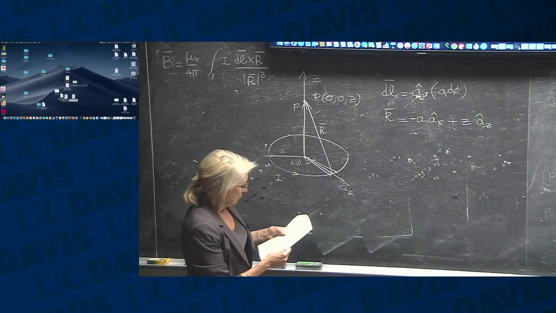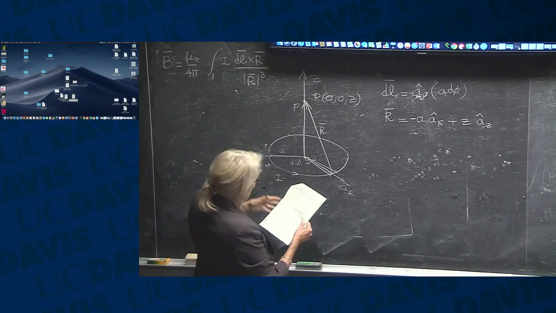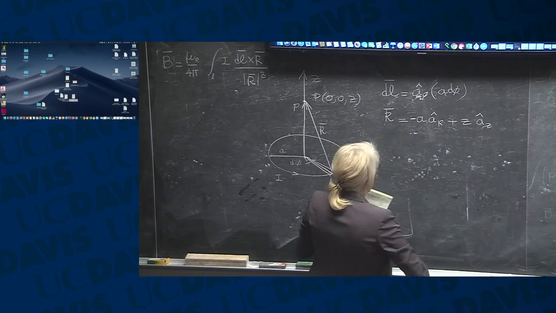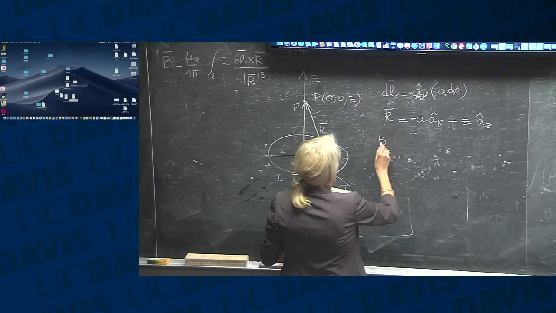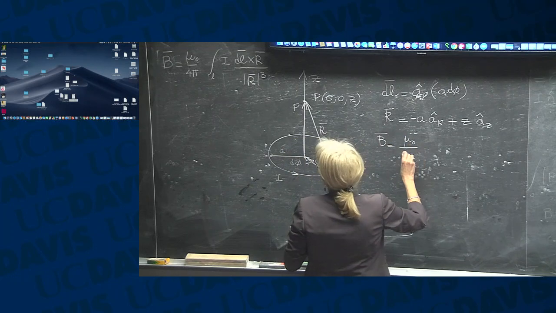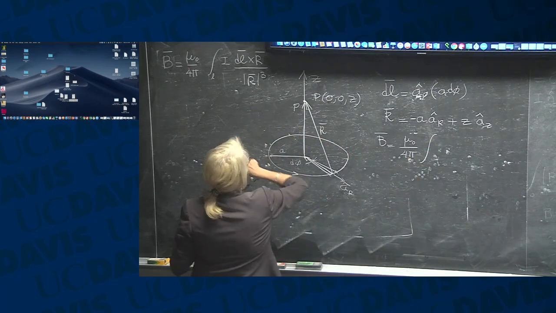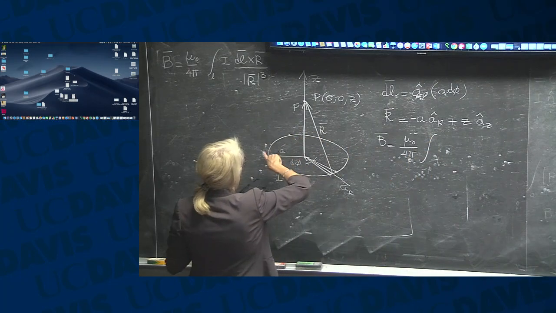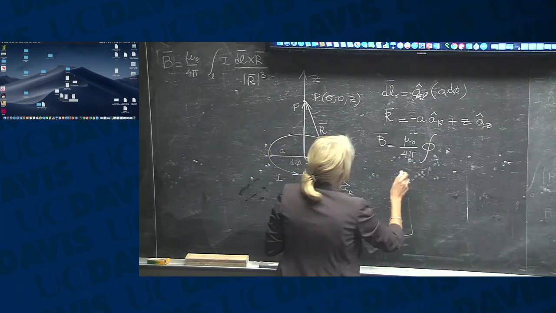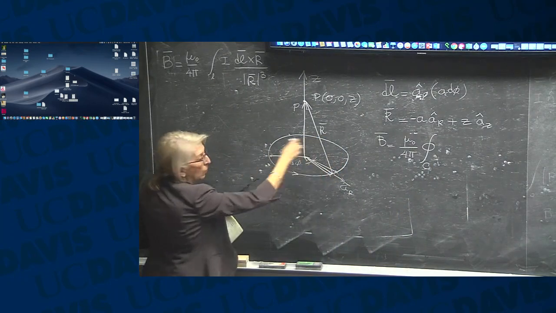So now I have to start plugging in there. Let me do the top one, step by step. So B is going to be mu naught over 4 pi, integral along the direction of the current, which in reality is a closed path, the original L we had here, because our current goes along the circle.